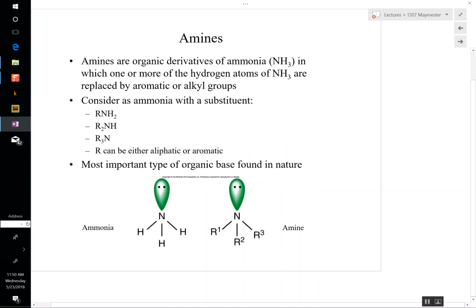What are amines? Amines are organic derivatives of ammonia. All right, so we're going to have to go back in our 1305 filing cabinet and look at ammonia for a second and get familiar with ammonia, because then we're going to be substituting organic substituents onto that ammonia and converting them into amines.